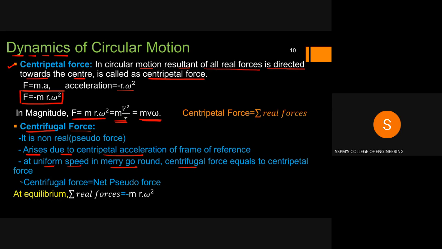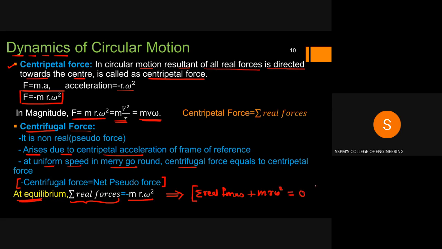Okay, so we get the equation: centrifugal force is equal to the net pseudo force, and at the equilibrium, the summation of all real forces is equal to minus mr omega square. Or we can write this equation as: summation of all the real forces, which is nothing but the centripetal force, plus mr omega square, must be equal to 0.